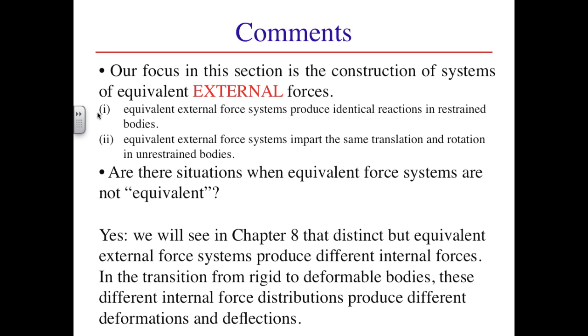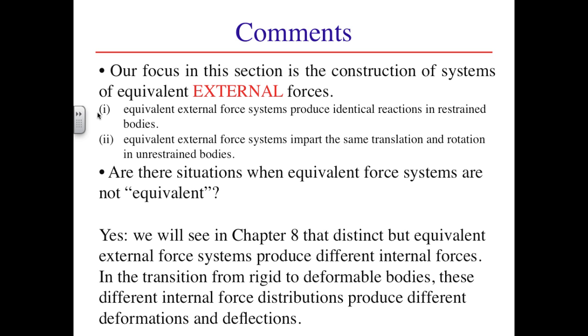Keep in mind that our eventual goal is the reduction of a set of loads, forces and moments, to its simplest possible form. This often involves two steps. First, choosing a point of reference, replace the original set of loads with an equivalent force system at that point of reference. This consists of a single resultant force and a single resultant moment.